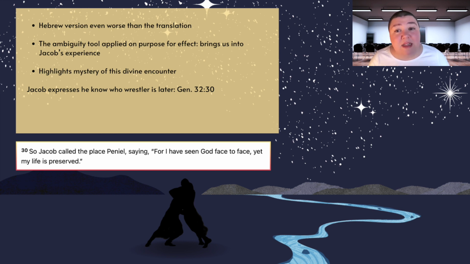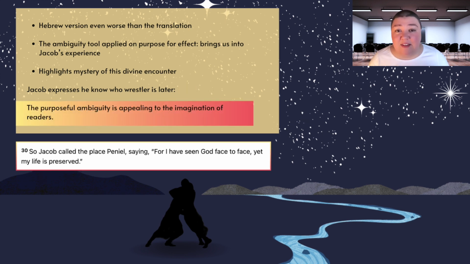And though it becomes clear to Jacob later in the text who it is that he's been wrestling with, while he was wrestling, he didn't know. And so this purposeful ambiguity is appealing to the imagination of the readers, drawing us into the confusion of the text, helping us to understand Jacob's reactions.